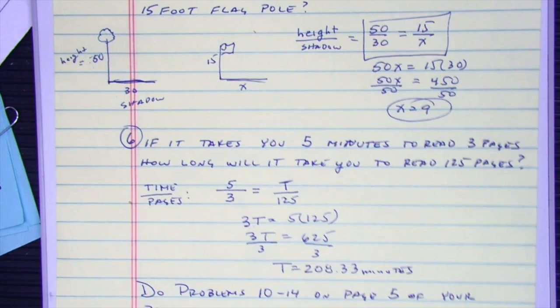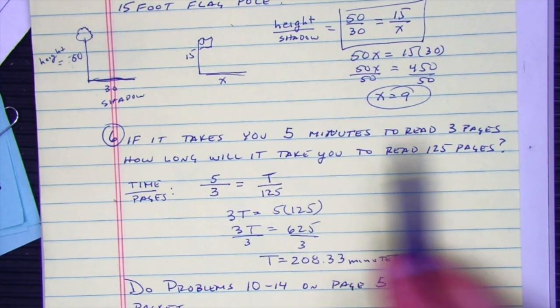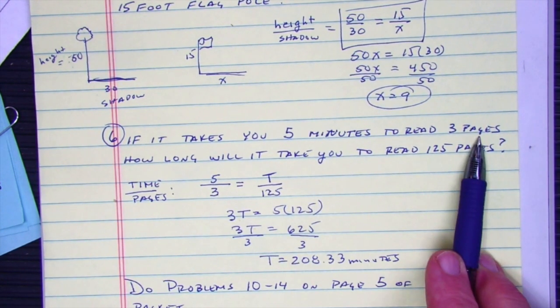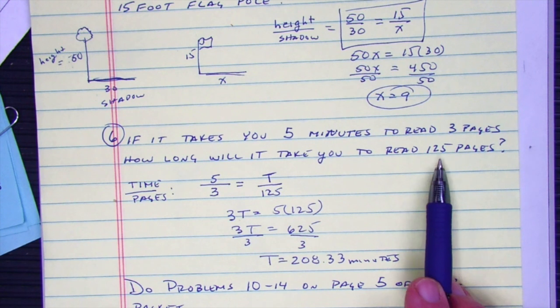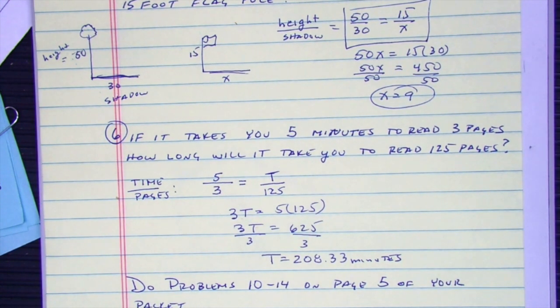At that rate, if it takes you 5 minutes to read 3 pages, it's obviously going to take you a lot longer to read 125 pages, and in this case it works out to be 208.